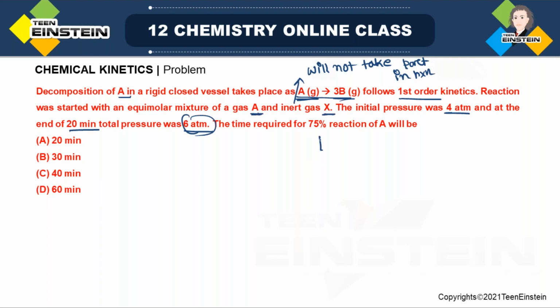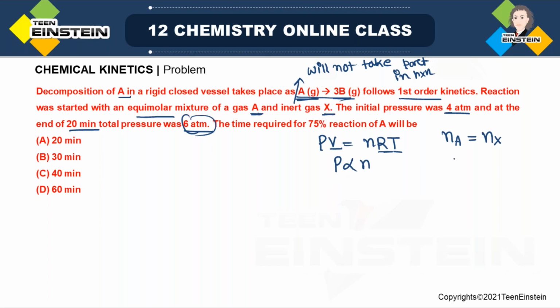Now from the universal gas equation, that is PV equal to nRT, as it is mentioned, equimolar mixture of A and X, that means number of moles for A, Na, and number of moles for X, Nx, these two values are same. So when other conditions are constant, that is temperature, volume, and R is already constant, then P is proportional to moles.